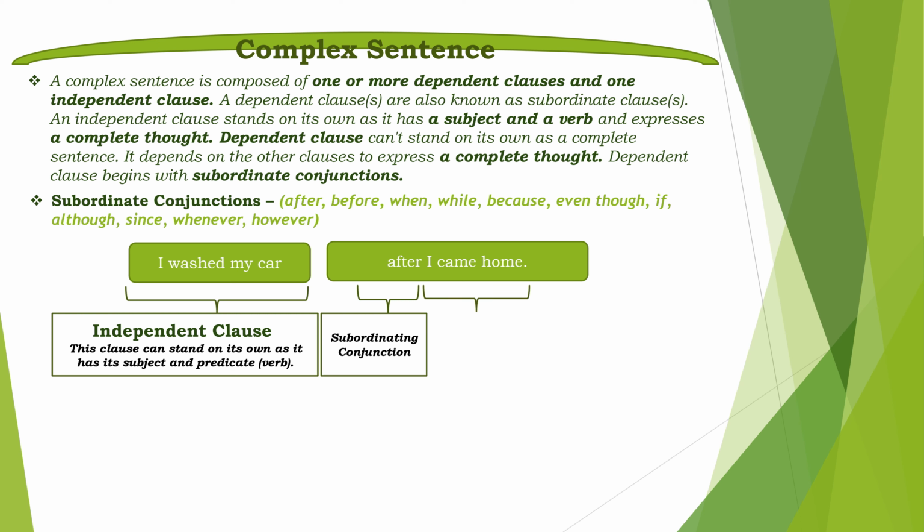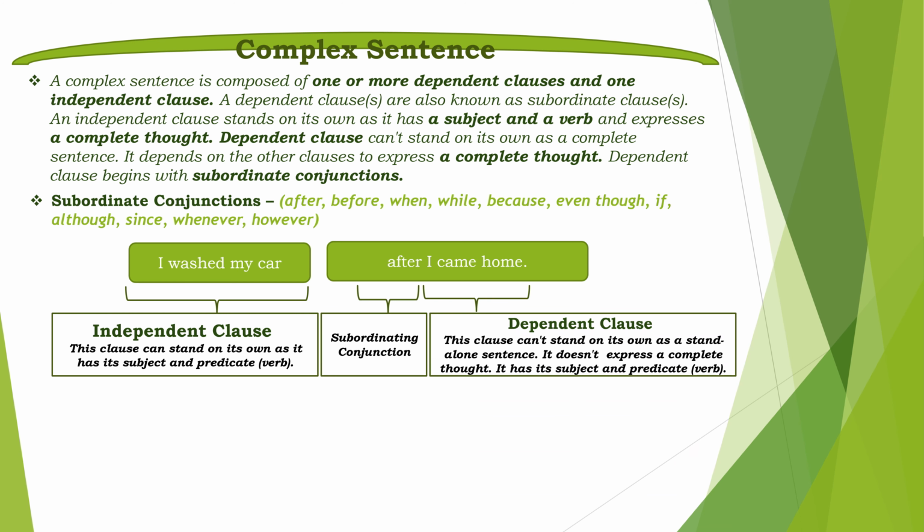The second part of the sentence is a dependent clause. It has its subject and a predicate, but it does not express a complete thought. When we write an independent clause as the first part of a sentence and a dependent clause as the second part of a sentence, we do not need a comma.